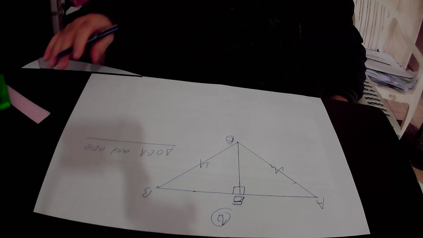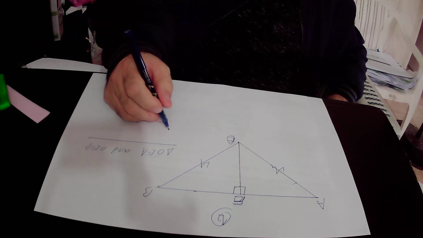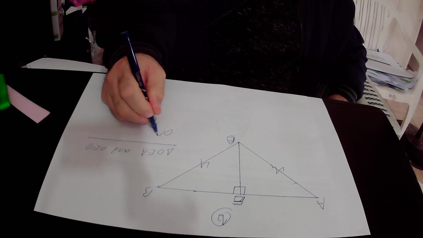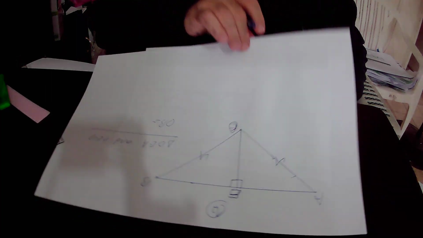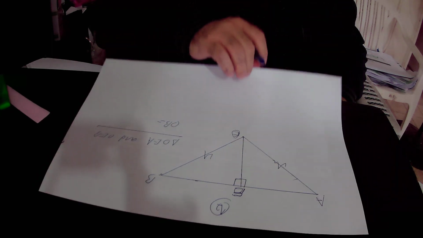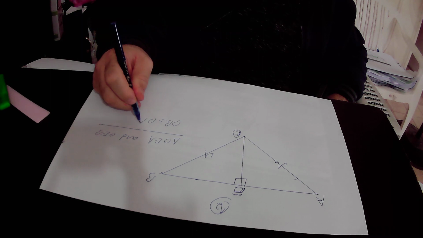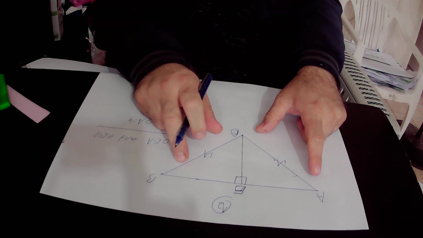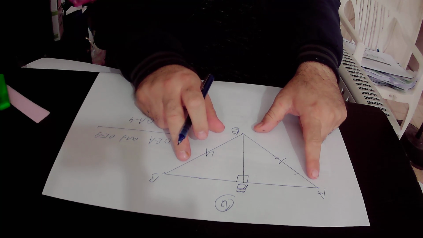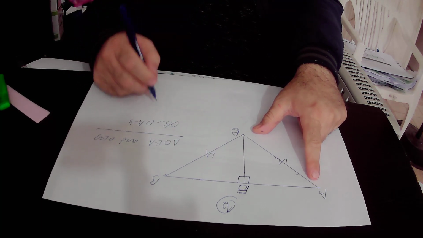So here we know that OB is the radius of the semicircle, and it equals OA. It is also the radius of the semicircle, and they are both equal to 4 units. So those two sides that are the hypotenuse of those two right triangles are equal to each other. They are both equal to 4 units.